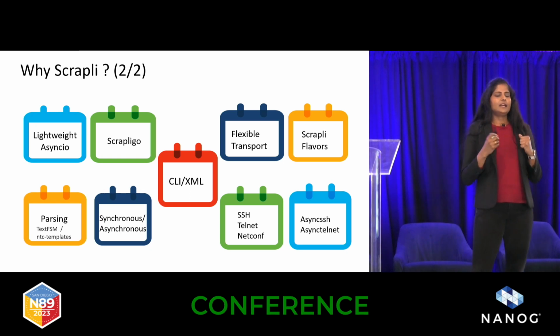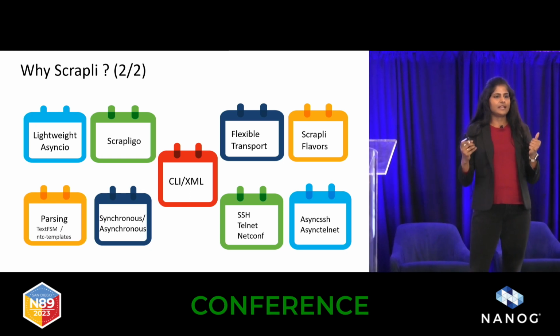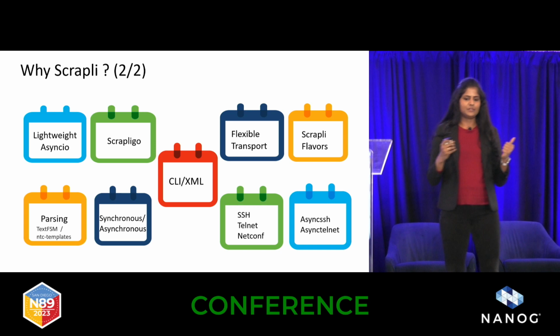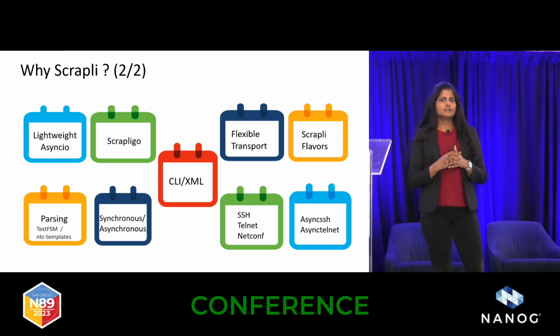One of the main advantages of Scrapli is it's lightweight. As I said, it takes less time to install and uses less memory. And the main advantage is it uses async IO. Who all know about Nornir?